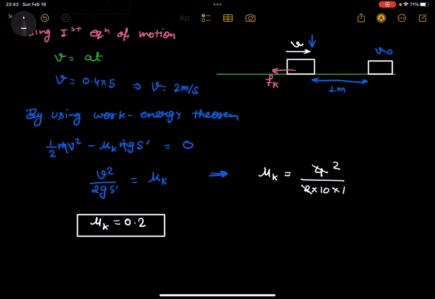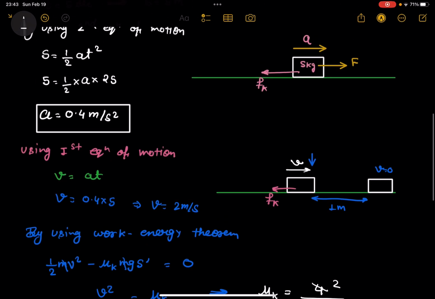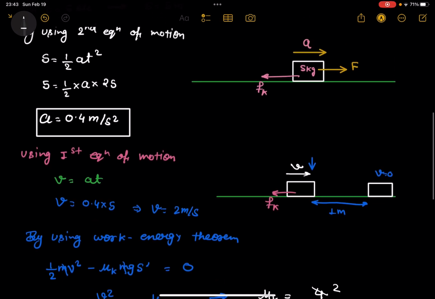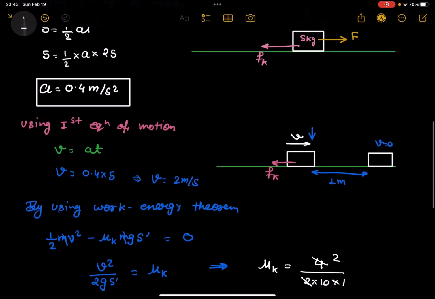After calculating the coefficient of kinetic friction, we can calculate the maximum amount of force we can apply.